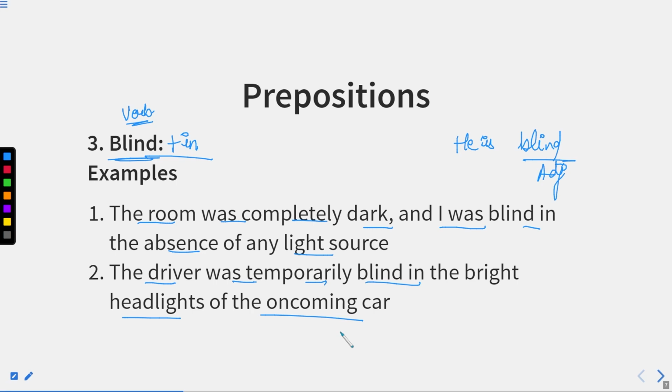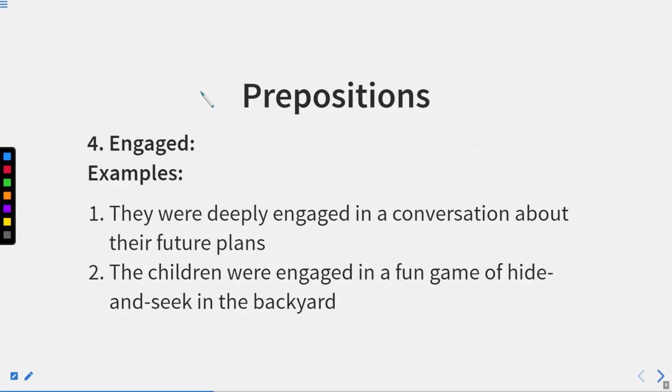Now let us move to the next one. We have a word that is engaged. Now, engaged means involved in some work, or involved in something, or related with something. When we are occupied, when we are just involved in something, this is how we use this word engaged.